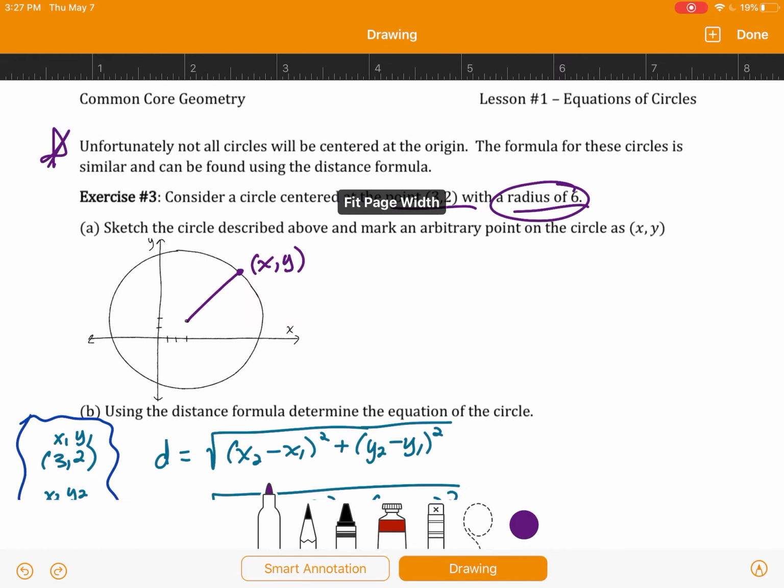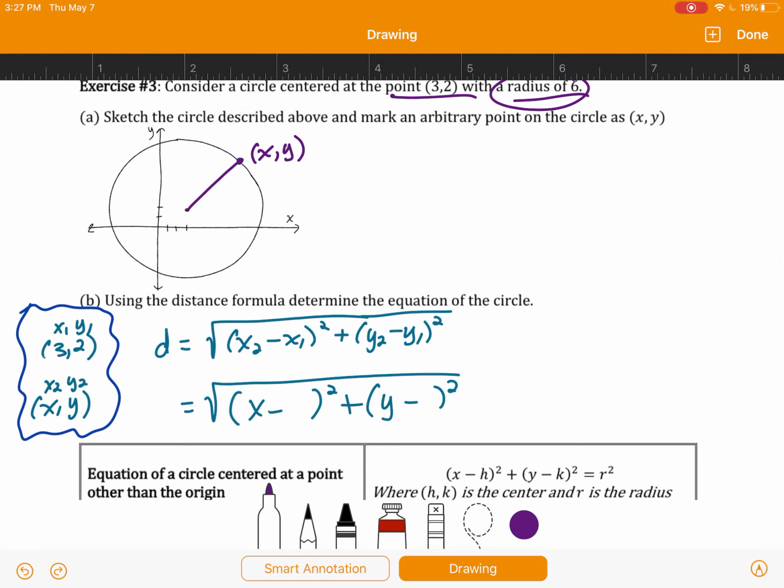So if we were going to do the distance formula with those 2 points, the first point being the center and the second point just being x, y, we already know that d, the distance between the 2 points, is our radius, and that's going to be 6. Then for our other points, we put x2, which is x, here, x1 will be 3, and same thing for the y values, y minus 2.